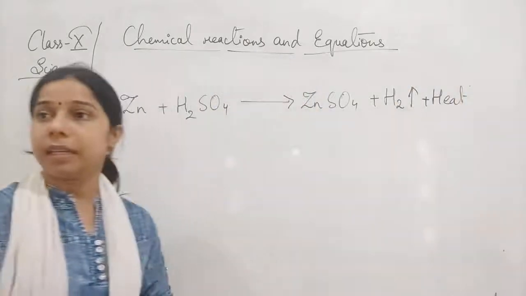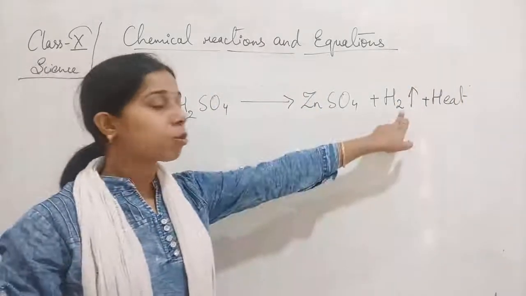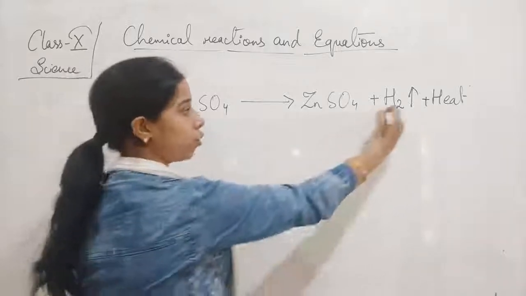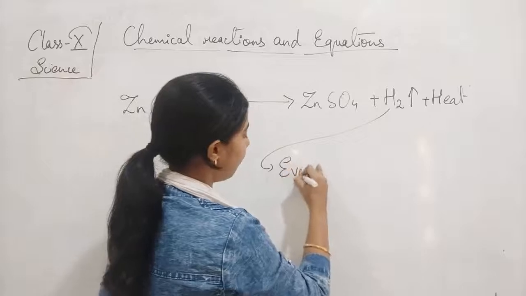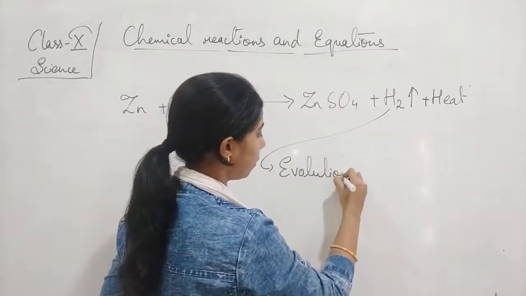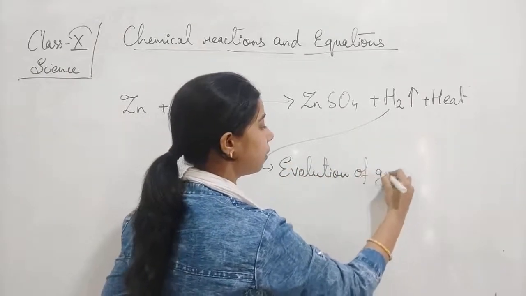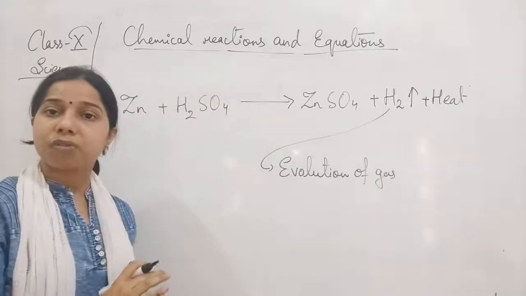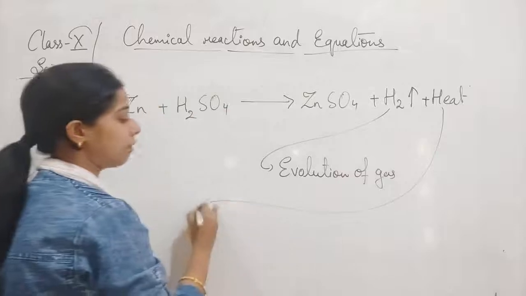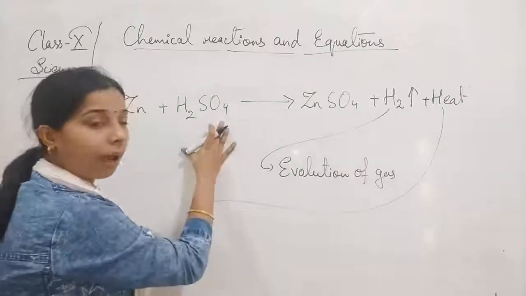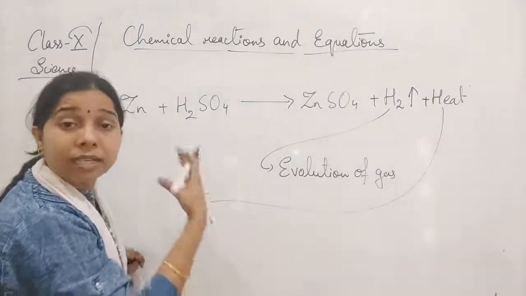So you can see here that from the hydrogen gas we are getting the first characteristic, and that is the evolution of gas. This is one kind of characteristic of a chemical reaction. And due to the production of heat, there is a rise in temperature.